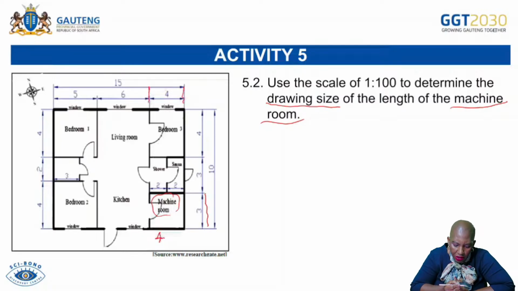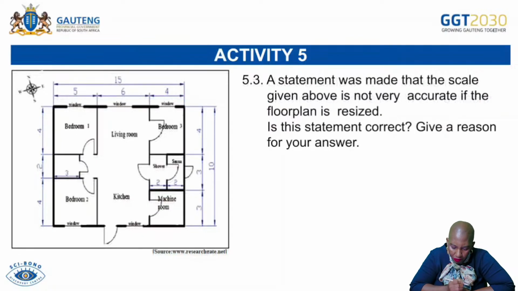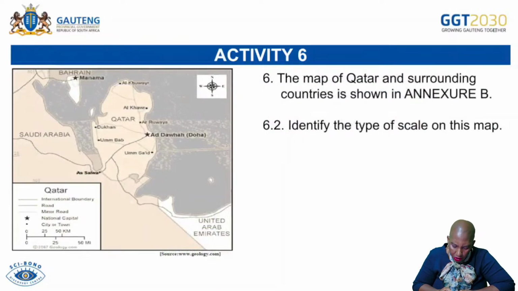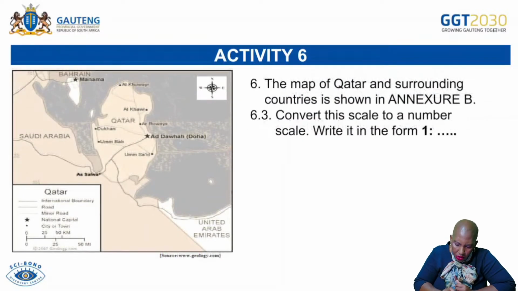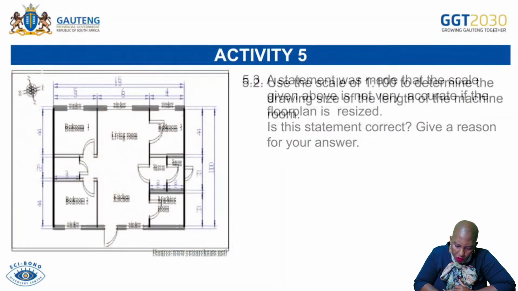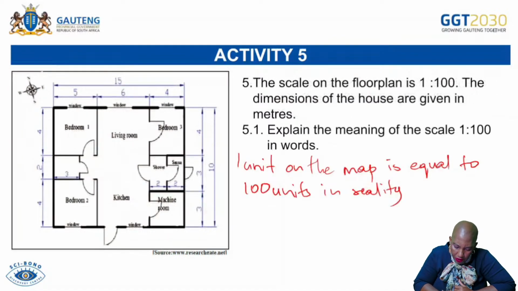Remember from the previous question, let me go back to that question. We said the scale of the floor plan is 1:100, and the dimensions of the house are given in meters.